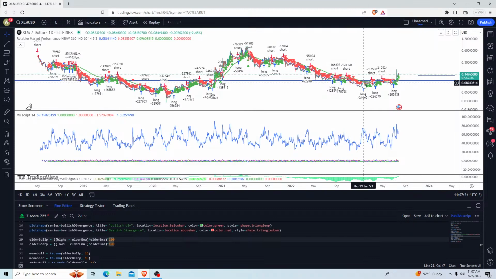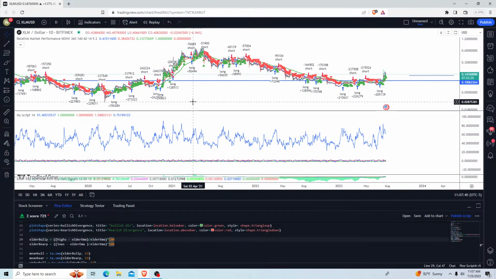Down, breakout again, strength, breakout again, strength, and now it's just a little confused. Probably just a hold.